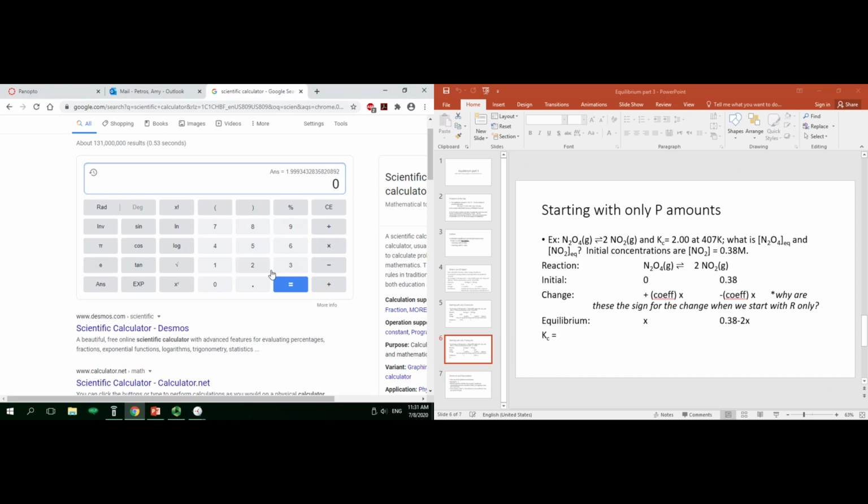Okay, so let's do 3.52 squared. Let's get that number going. I got 12.34. And then let's do 4 times 4, which is 16, times 0.38 squared. 0.38 squared times 16.